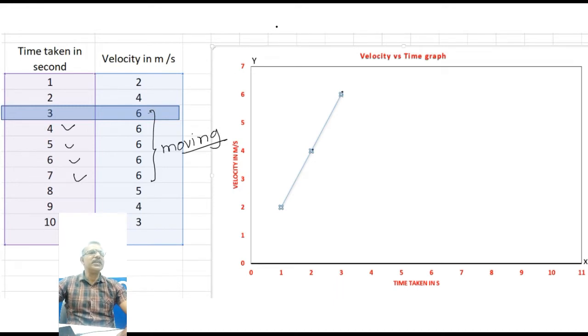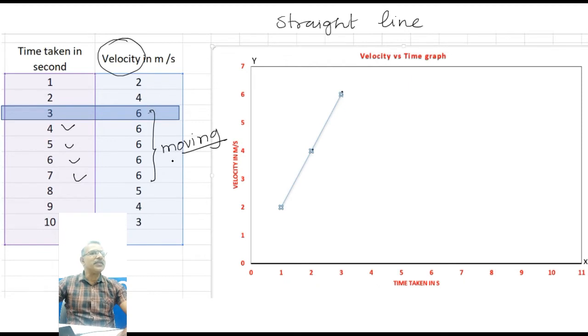So we are talking about a rectilinear motion here. What do you mean by rectilinear motion? Straight line motion. Body moves on a straight line. And if the body moves on a straight line, then speed and the velocity remain the same.